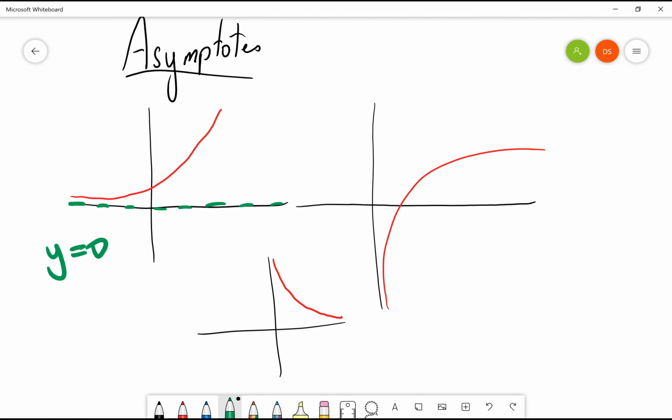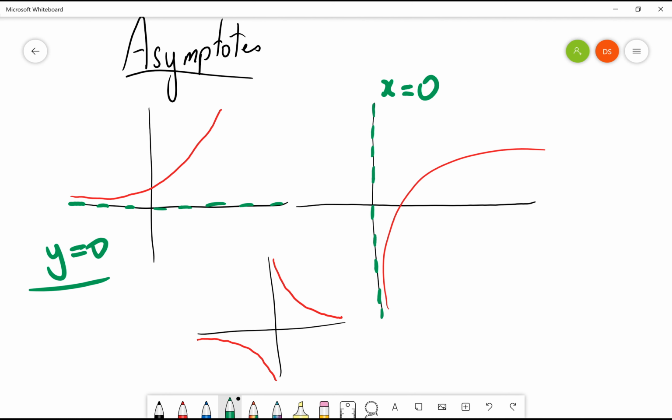Y equals 0. Y will never equal 0, and so this green line is something that will never be crossed. In the log graph, x is equal to 0 is the asymptote. That line will never be crossed.